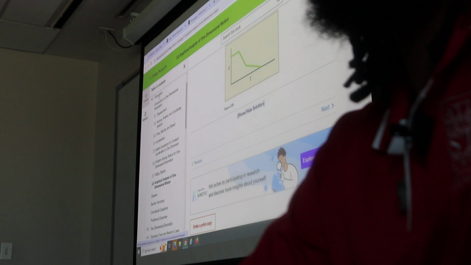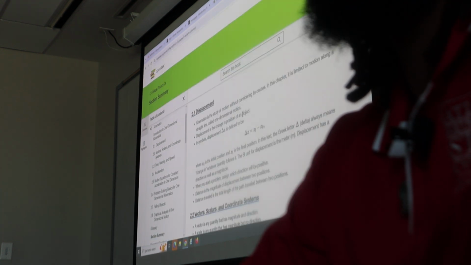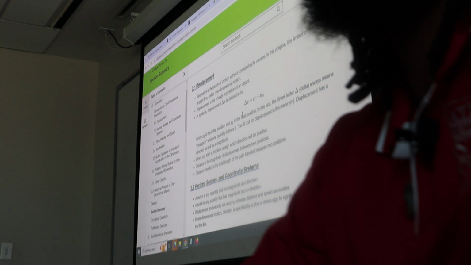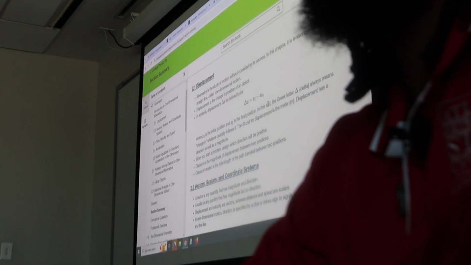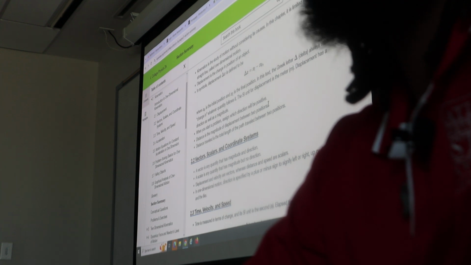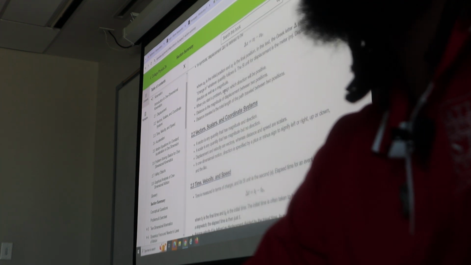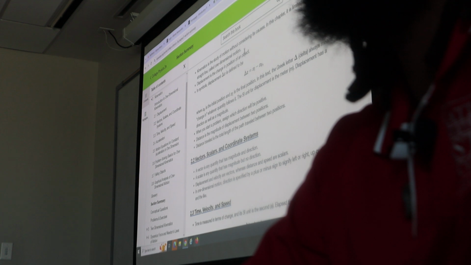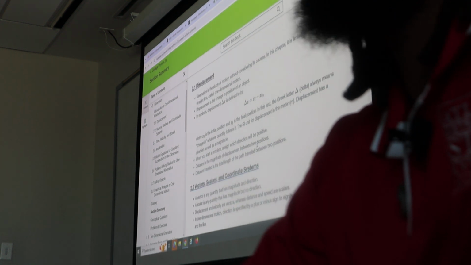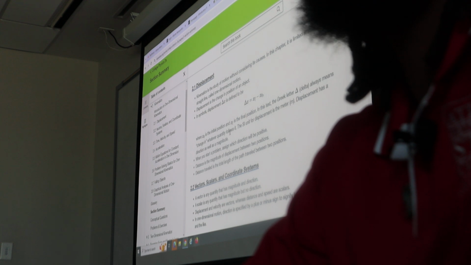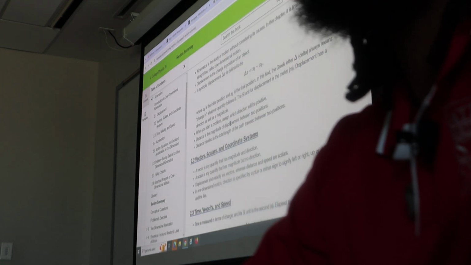But we could go over a little bit of what we looked at last class. Chapter 2 talked about displacement, kinematics, motion, changing position, the change in velocity, the change in time, or the change in acceleration, and also the change in time.